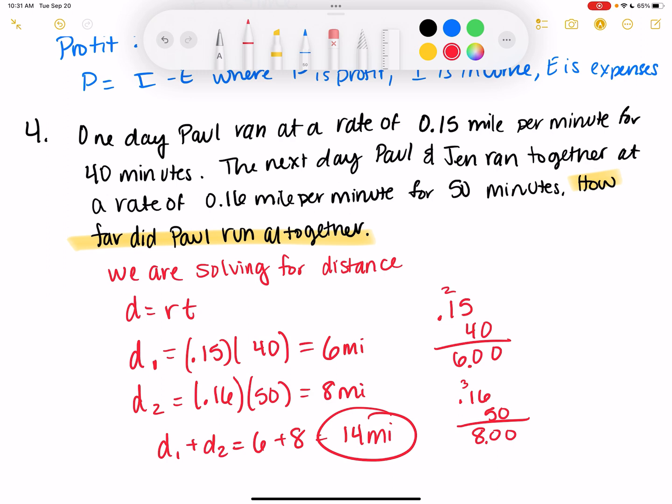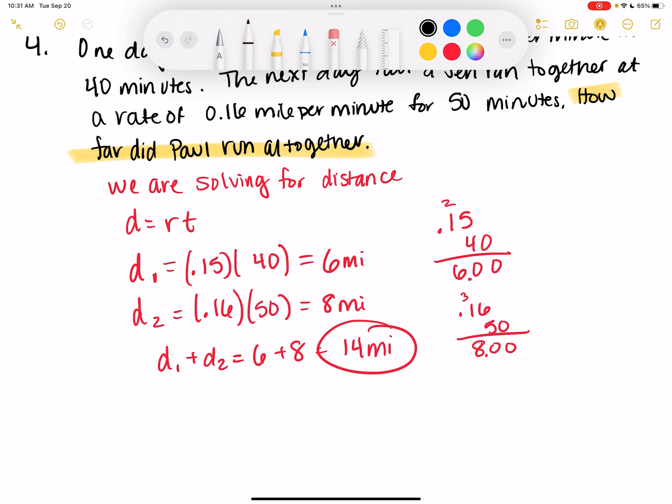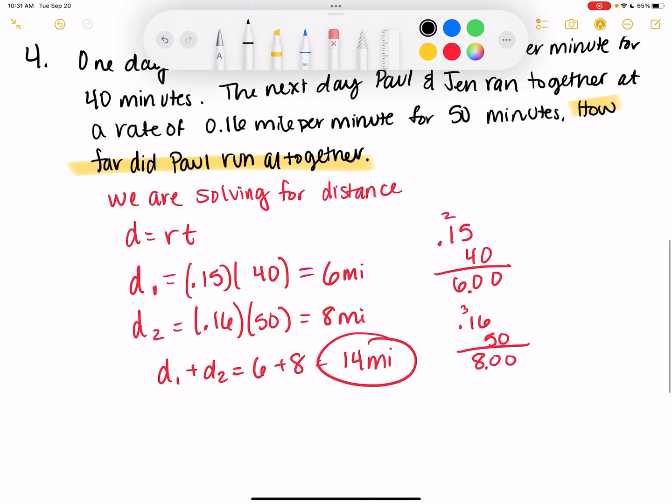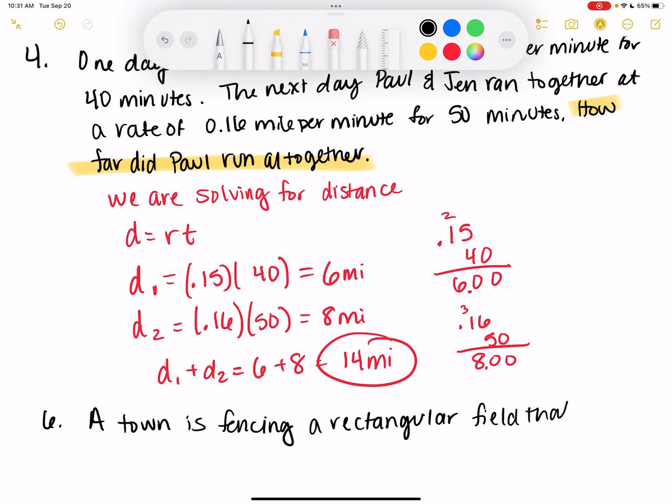All right, let's see. This next one is one of them where they've intentionally made an error and they want you to find what their error is. Okay, so it says a town is fencing a rectangular field that is 200 feet long and 150 feet wide.